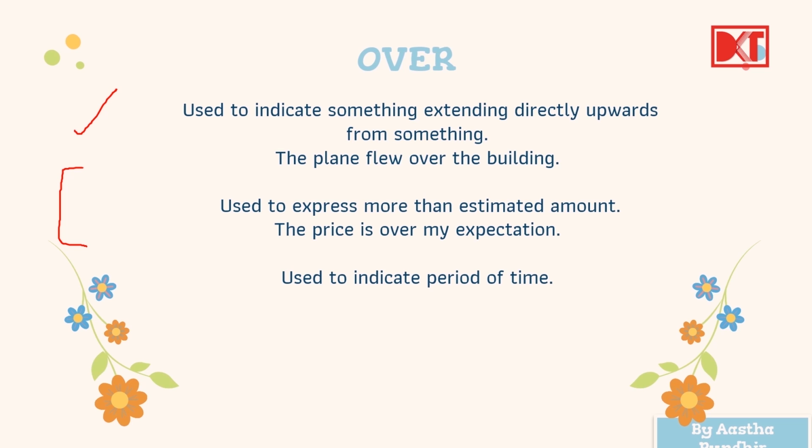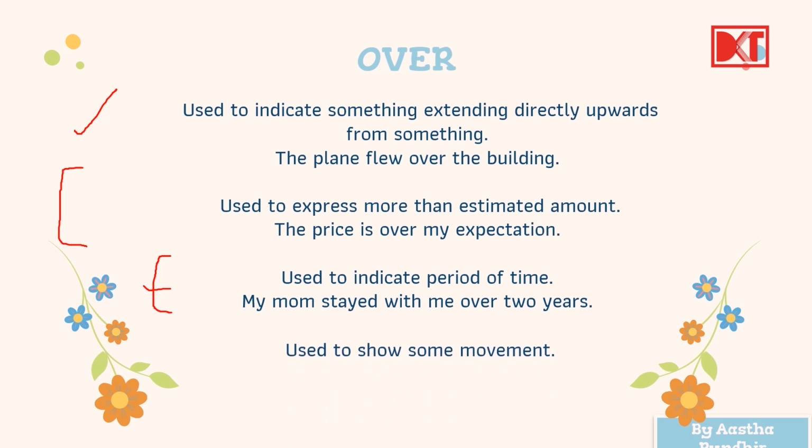Next up, it is used to indicate a certain period of time. Like a period of time in the sense, my mom stayed with me for 2 years. So what is the period of time we are describing here? Over 2 years. Something like around 2 years. Next up, it is used to show some sort of movement. Movement in the sense like, his brother came over to my place.